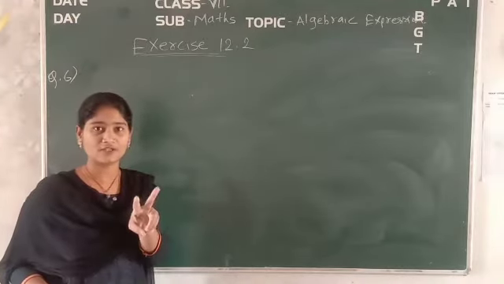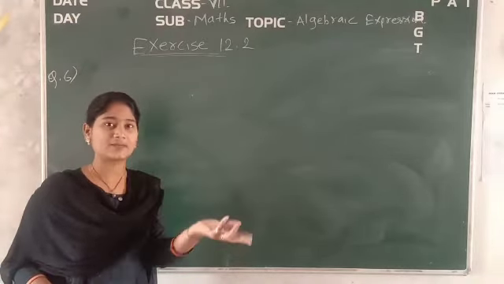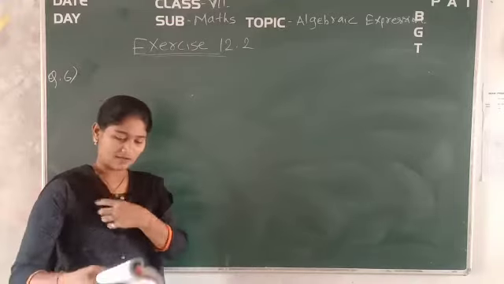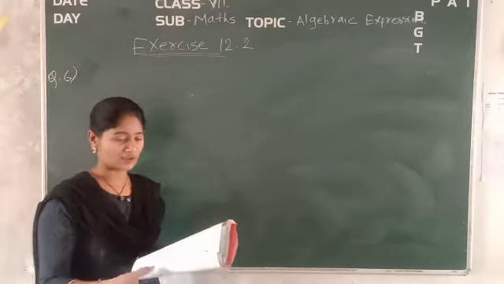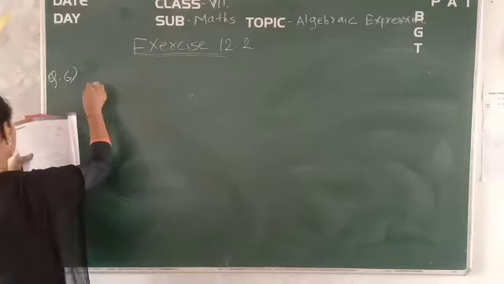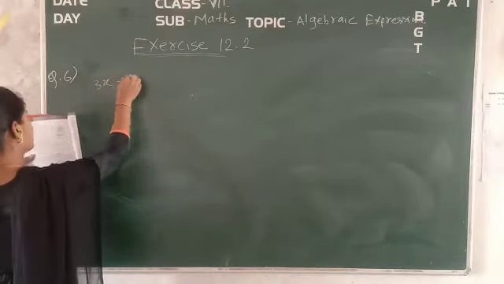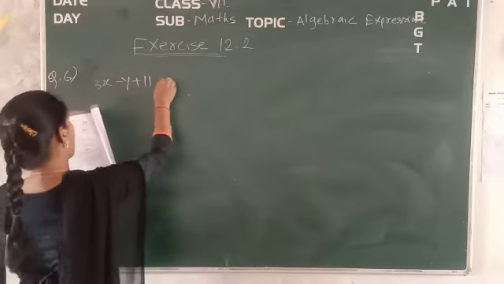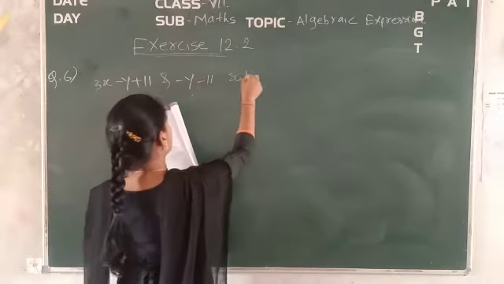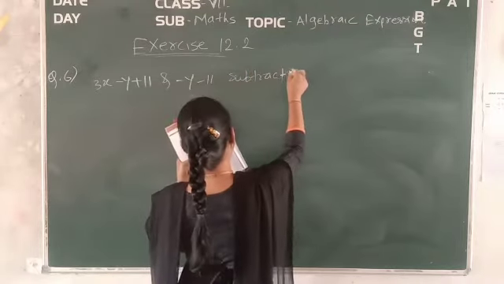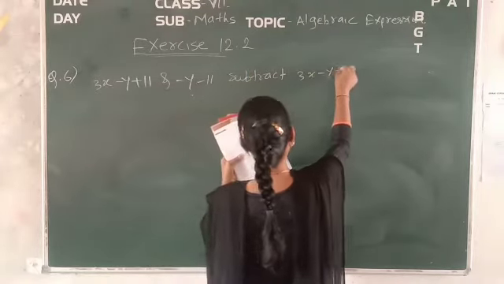See, 2 operations you have to perform, but with the 4 terms, whatever we have learned before. From the sum of, see and understand the question first of all: from the sum of 3x minus y plus 11 and minus y minus 11, subtract 3x minus y minus 11.